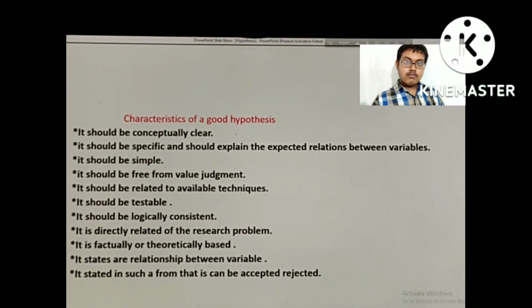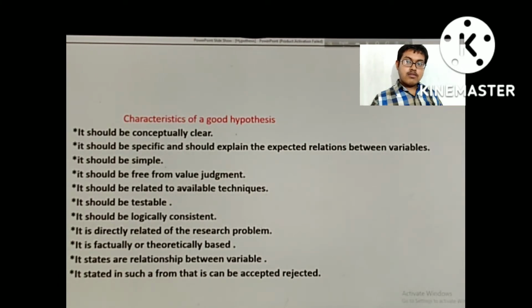Next, we see the characteristics of a good hypothesis. It should be conceptually clear, it should be specific and should explain the expected relations between variables. It should be simple, it should be free from value judgment, it should be related to available techniques, it should be testable, be logically consistent, and directly related to the research problem.